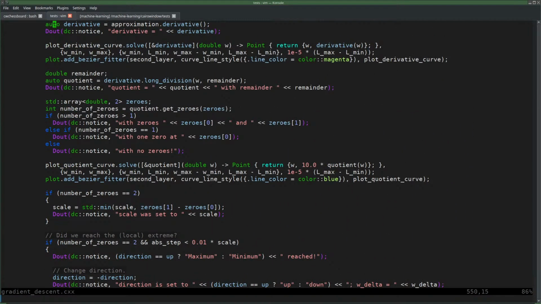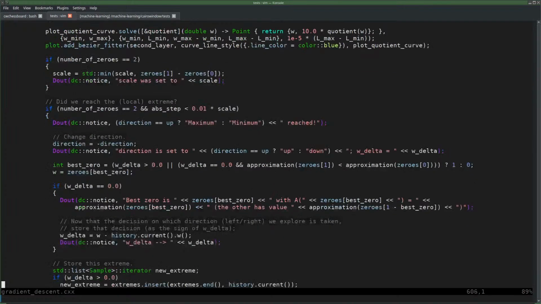And the only thing I just moved the calculation of the approximation and its derivative. This should not, there should not have been any difference at all.